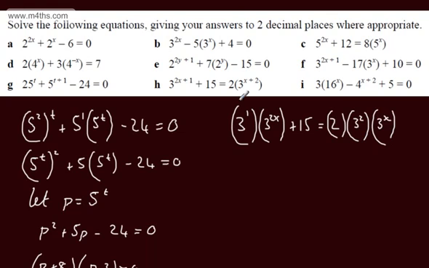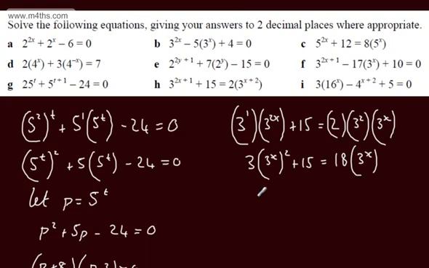Just using the rules of indices, we know that if we're multiplying the same bases, we add the powers. So we could write this as 3 lots of 3 to the power of x, which we're going to square, plus 15 is going to be equal to 2 times 9, that's going to be 18 lots of 3 to the power of x.